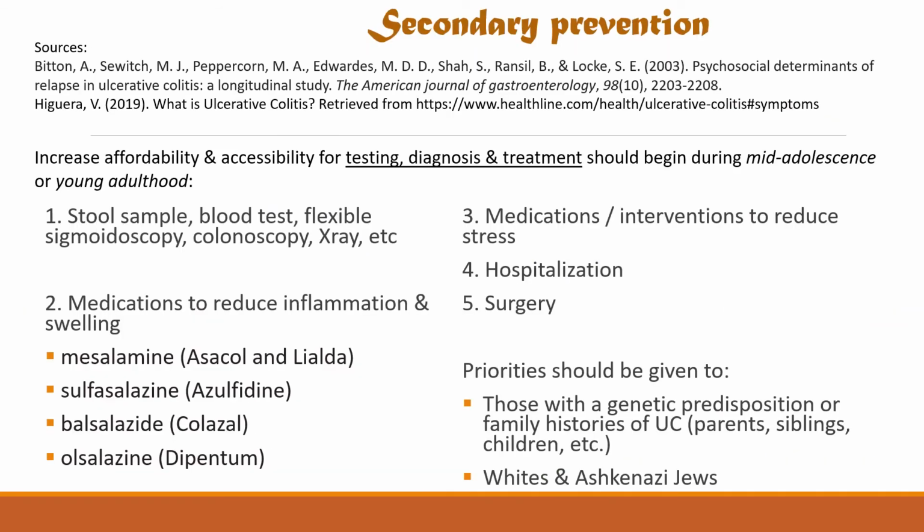With respect to secondary prevention, attempts to increase affordability and accessibility for testing, diagnosis, and treatment should begin during mid-adolescence or young adulthood. This testing and screening can include stool sample, blood tests, flexible sigmoidoscopy, colonoscopy, X-ray, and so forth.